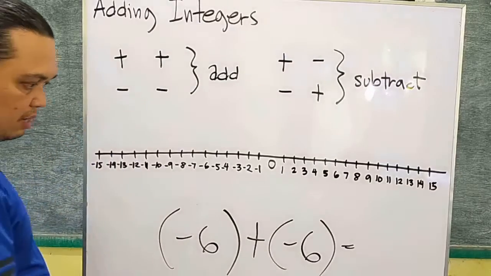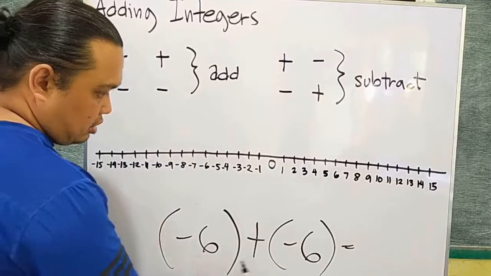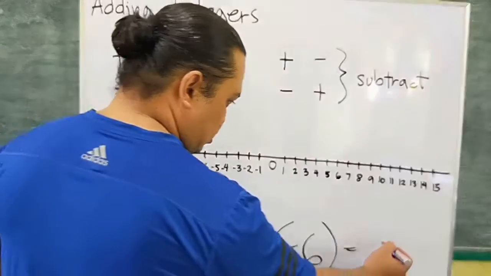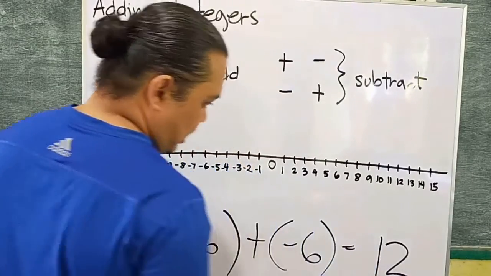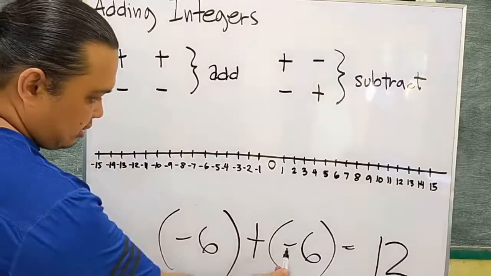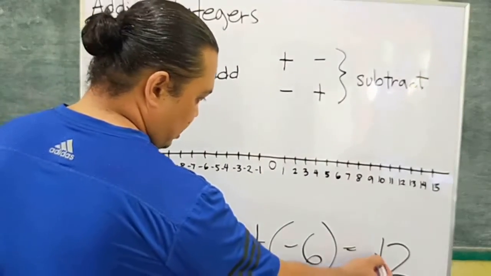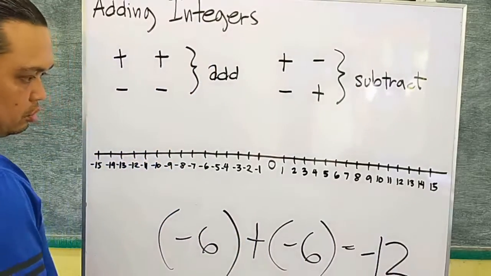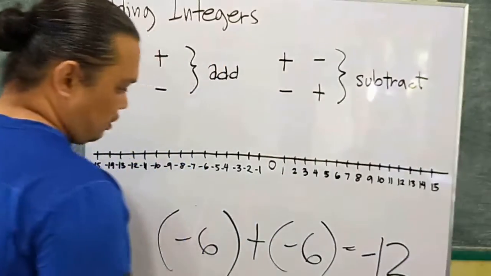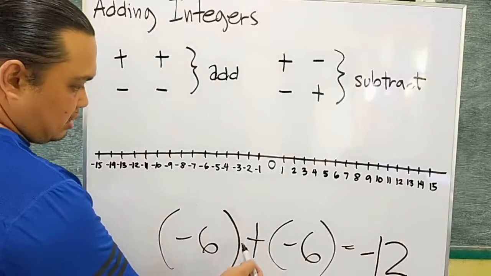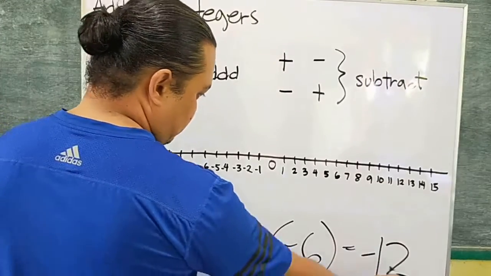Let's add the numbers. 6 here and 6, so 6 plus 6, that's 12. And copy their like sign, which is negative here. So our answer will be negative 12. Negative 6 plus negative 6 is equal to negative 12.